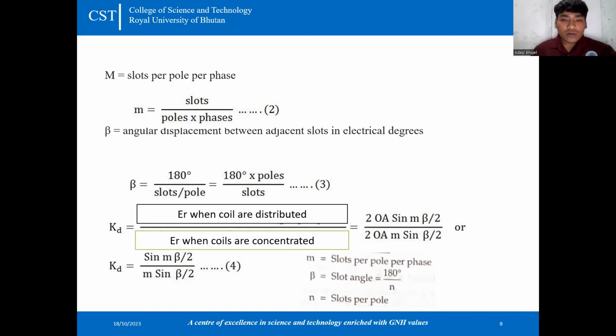After simplifying all of them, we get the formula Kd is equal to sine M beta divided by 2, over M sine beta divided by 2. M here stands for slots per pole per phase, beta stands for slot angle, and N stands for slots per pole.